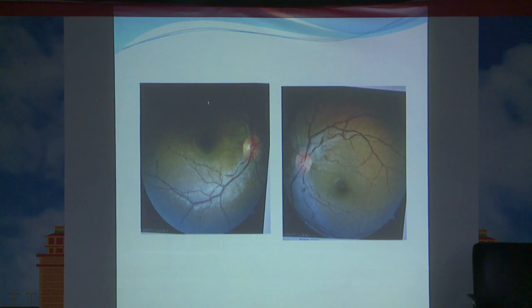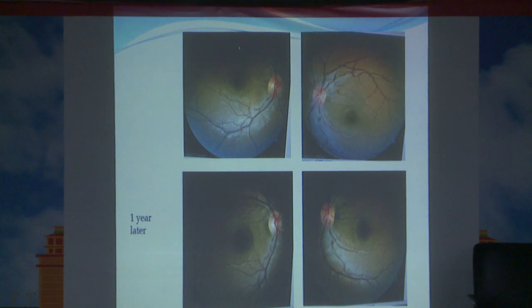Now here you can see a conjugate torsion towards the left, OTR. The right eye is intorted and left eye is extorted. All right. Now look at later pictures. After 1 year, the right eye and left eye both are extorted. So what has happened is the skew part has recovered, but the superior oblique palsy, which was bilateral, has still remained.